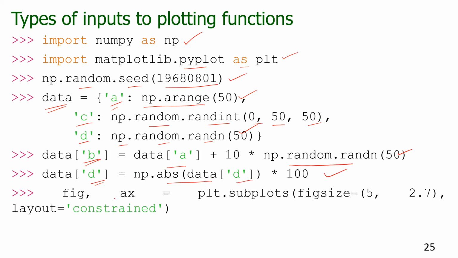Then you are defining a plot, fig comma ax equal to plt dot subplots. Here we are making one standard figure size, figsize equal to 5 comma 2.7, height and width. Then layout we are making it as constrained. Wherever the figure is restricted with so and so size, then the layout we will call it as constrained.